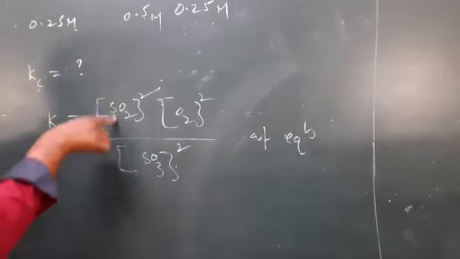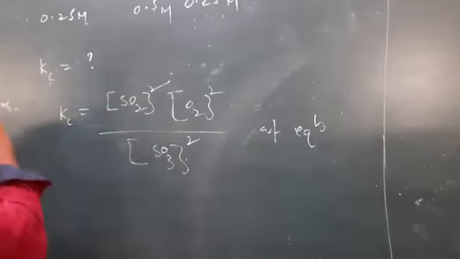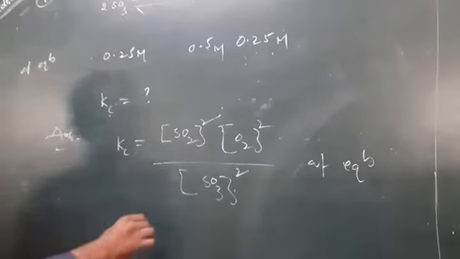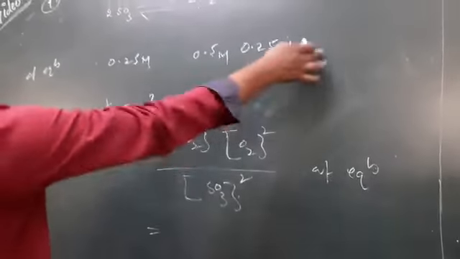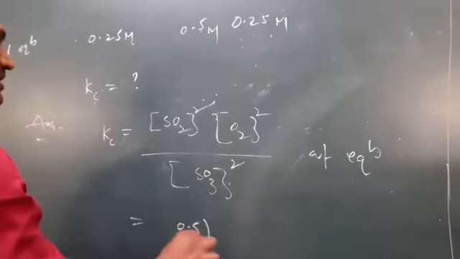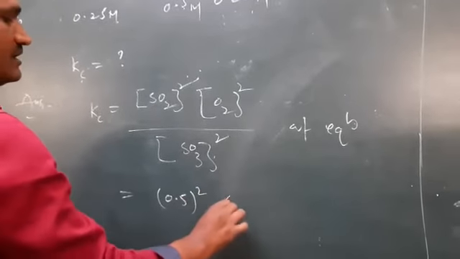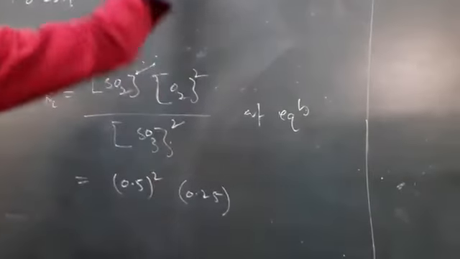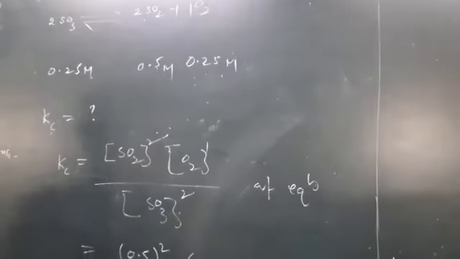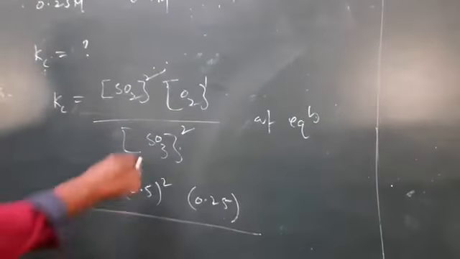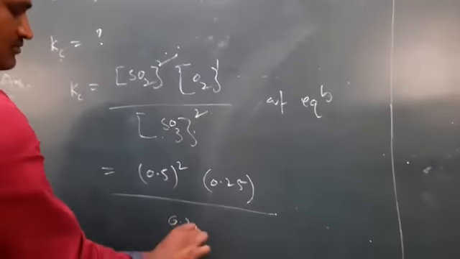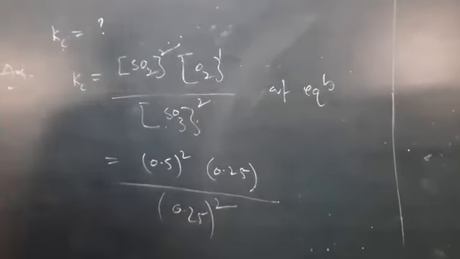Concentration always means moles per liter, and M already means moles per liter. So just substitute those values. At equilibrium they have given the concentrations: sulfur dioxide squared is 0.5 square, oxygen has no square, only 1 mole, so 0.25, by sulfur trioxide 0.25 squared.